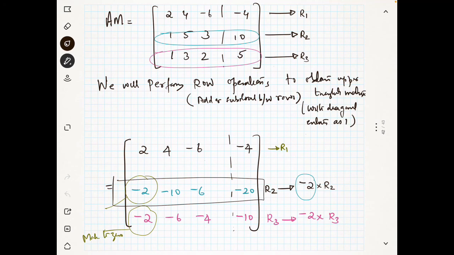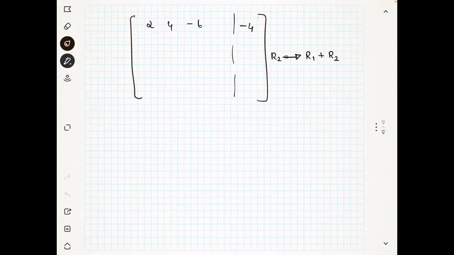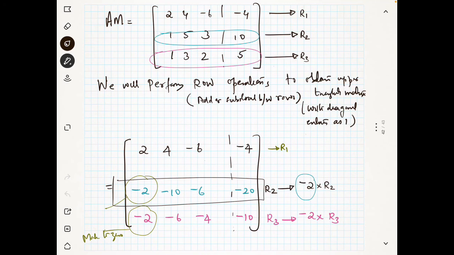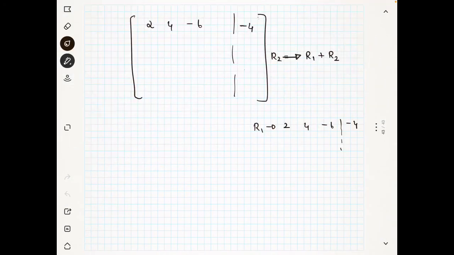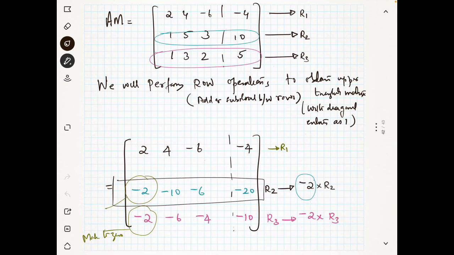Row 1 is 2, 4, minus 6 and minus 4, and row 2 is minus 2, minus 10, minus 6, and minus 20.